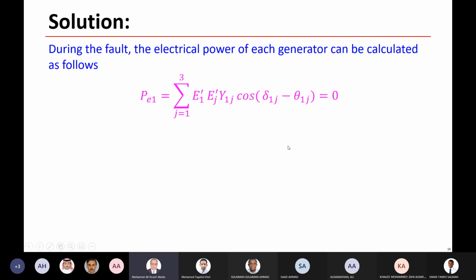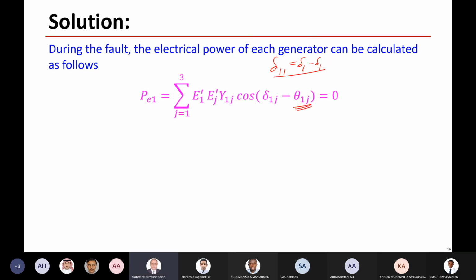When you have j equal to 1, plus 2, 3 will be eliminated, and this equals 0. So we have only j equal to 1: E1 E1 Y11 cosine delta 11. Delta 11 is delta 1 minus delta 1, which is 0.